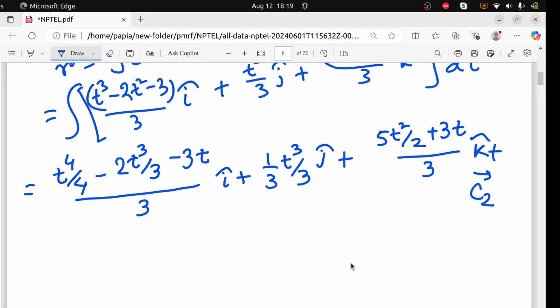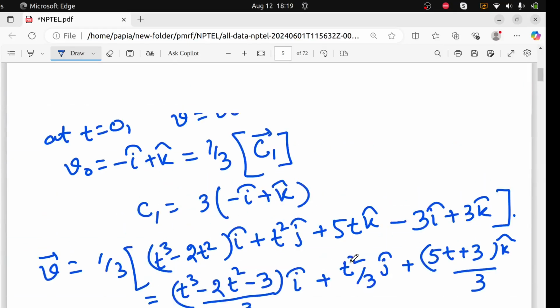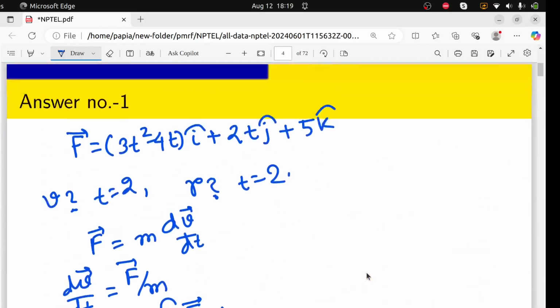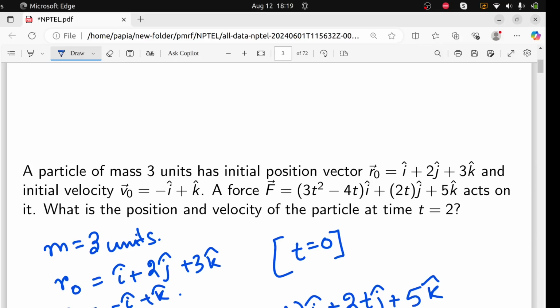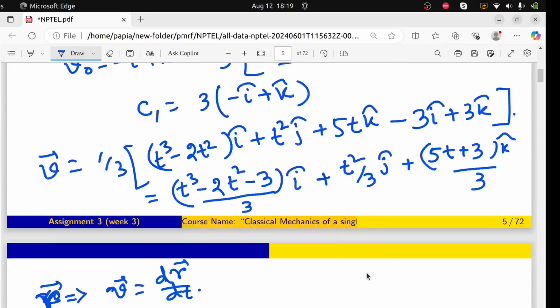Now what is C2? At t equals to 0, r vector is r0 vector. So what is r0 vector? R0 vector was given by i cap 2 j cap 3 k cap.